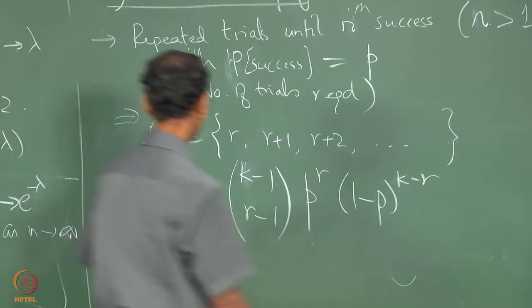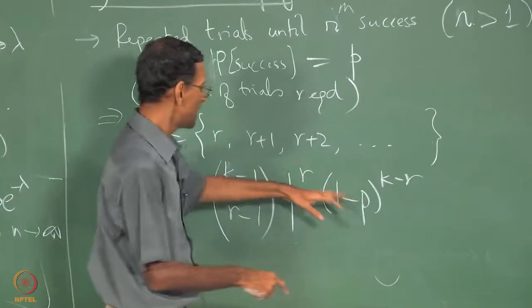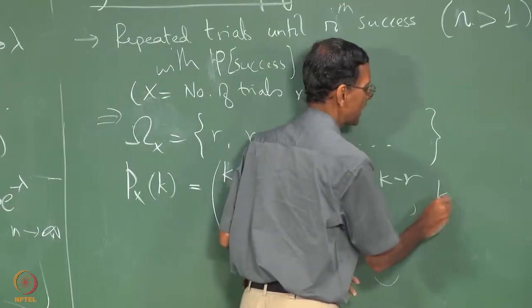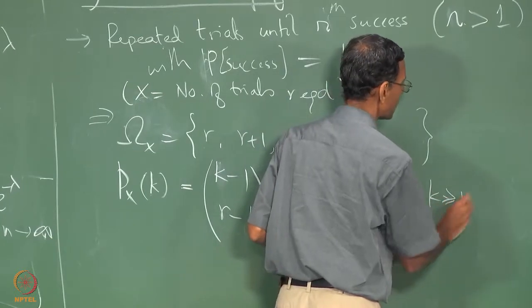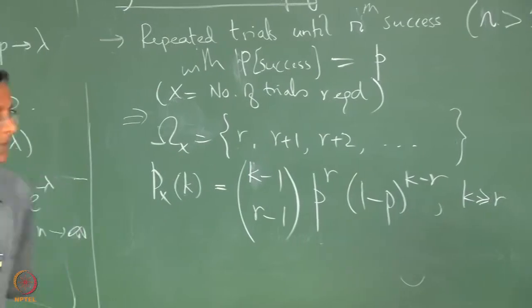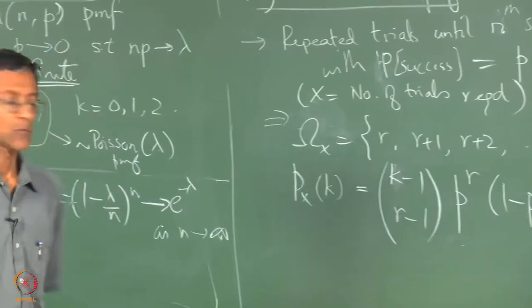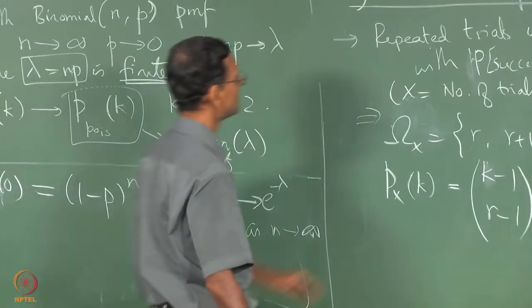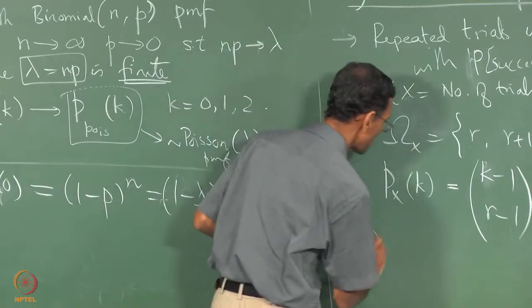This by itself is not complete. You should say k greater than or equal to r, and it's understood that k is an integer, which means k equal to r, r plus 1 and so on. So this is the generalization of the geometric PMF.